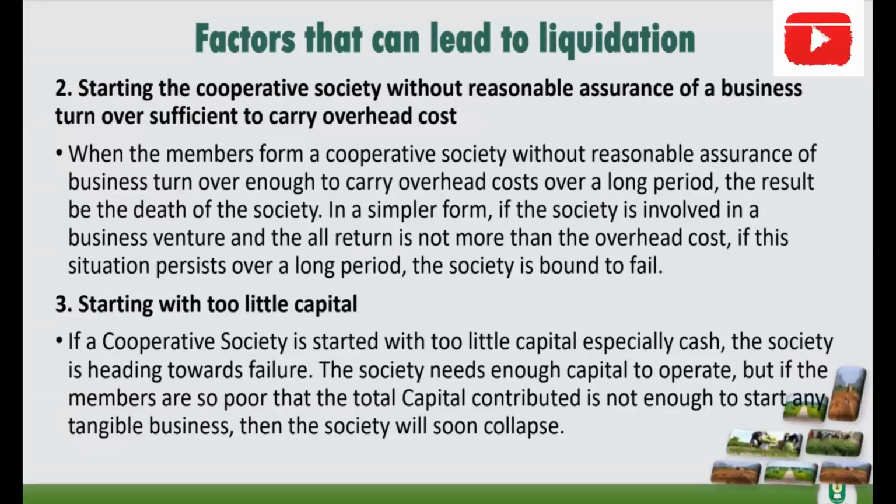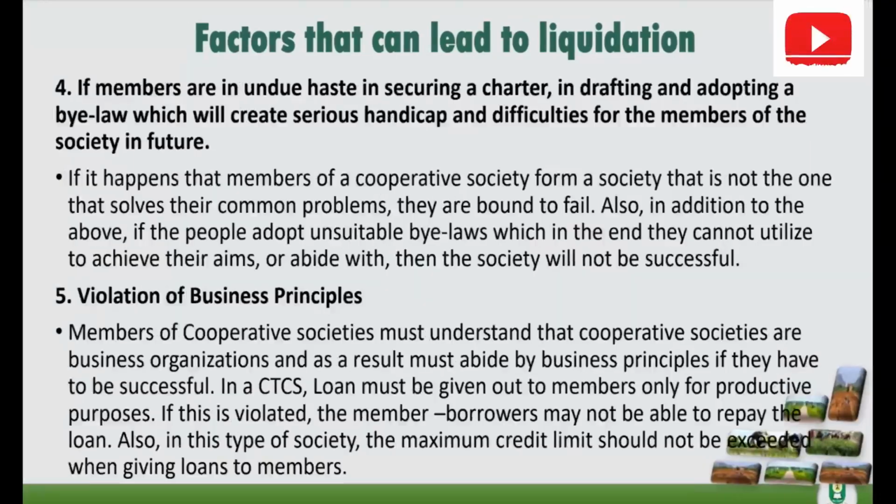Number four, if members are in undue haste in securing a charter, in drafting and adopting bylaws, which will create serious handicaps and difficulties for the members of the society in the future. It will not give you the freedom to work.